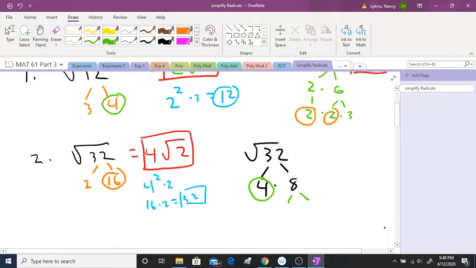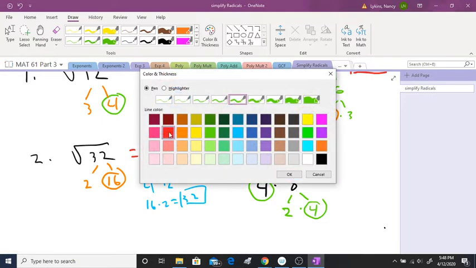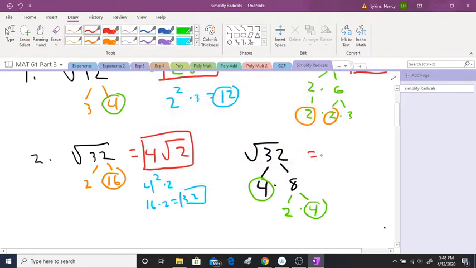So now I'm going to break down the 8. Two times 4. Look at this, I got a pair of 4's. Now, that's another way we can do it.